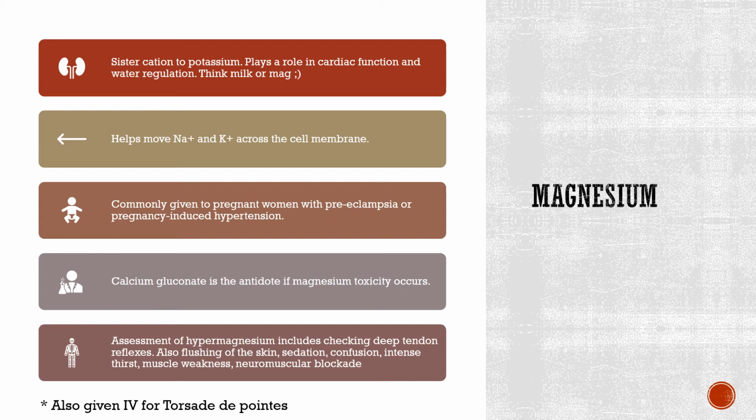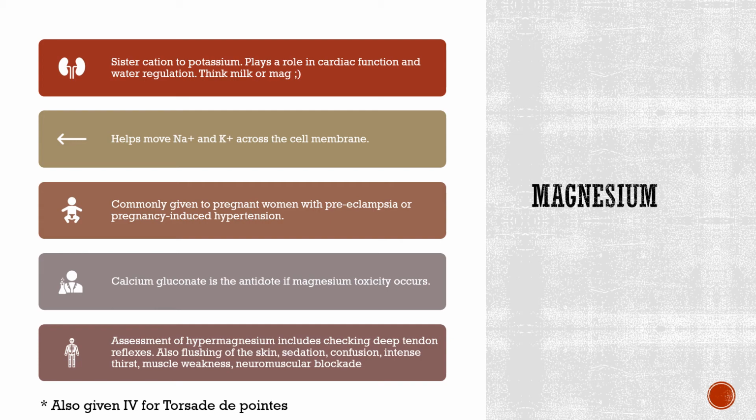It does help move sodium and potassium across the cell membrane. It is commonly given to pregnant women with preeclampsia or with pregnancy-induced hypertension. So I just talked about how it relaxes that cardiac muscle and the smooth muscle. So if you've got a woman that's preeclamptic with that high blood pressure, to relax that a little bit would dilate and relax that a little bit.